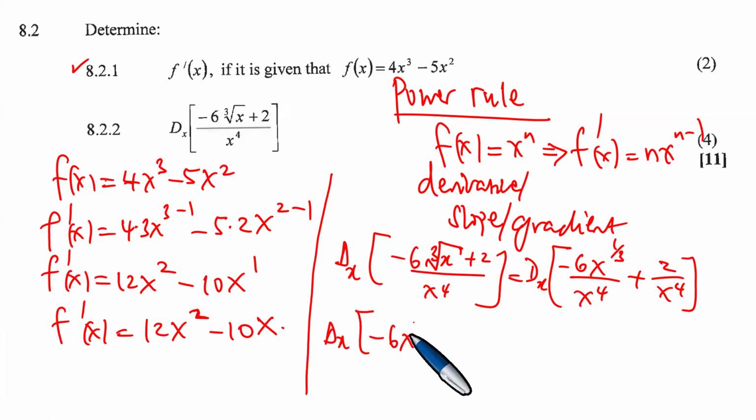Minus 6x, so this one is 1/3 minus 4 plus 2x to the minus 4. Right, so here we have not found the derivatives yet, but we're good enough to find the derivative at this point.